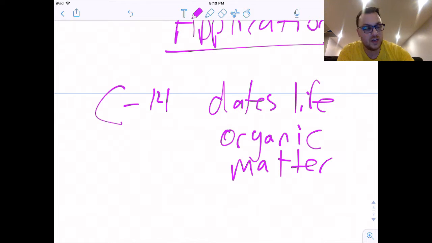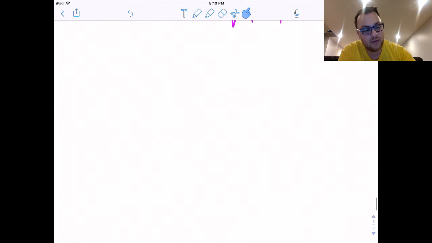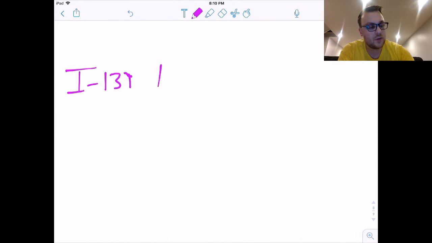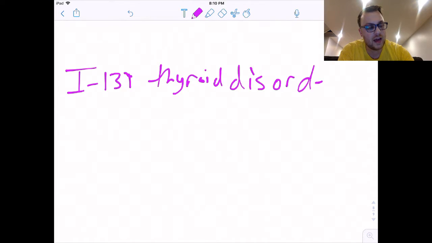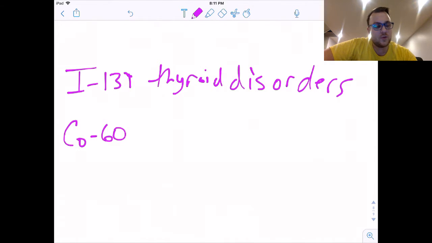Iodine-131 is for thyroid disorders. I for thigh. So just have that pairing in your head. I for thigh. Cobalt-60 is for cancer treatment. Co for can. And then uranium, I believe it's 238.